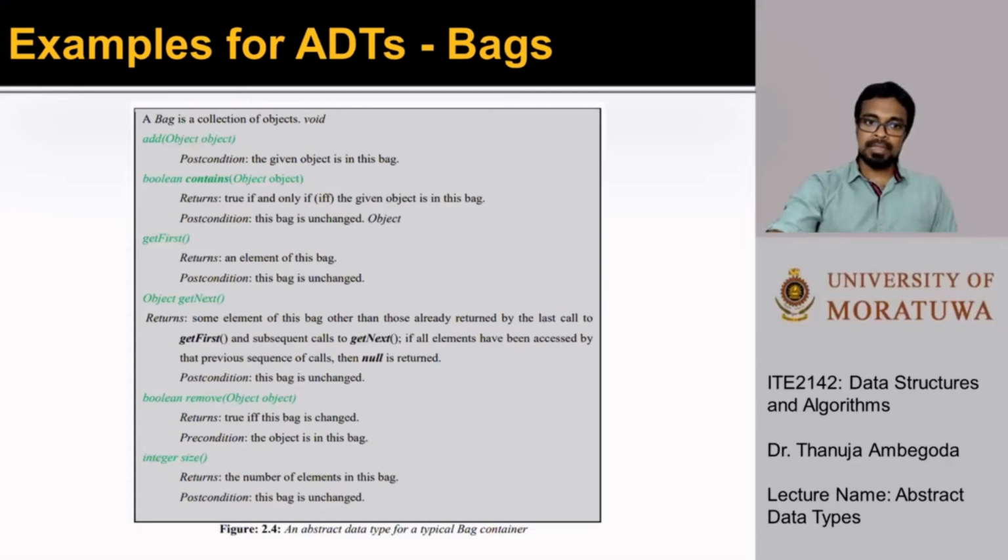However, in this particular function, we are not concerned about the post condition. In this function, we are concerned about a precondition. So for this to work, the object should be in the bag. That's a precondition. Then you have the integer valued return. The return value is an integer. You could call the size method on the bag. It returns the number of elements in the bag. Here also the post condition is that the bag is not changed.